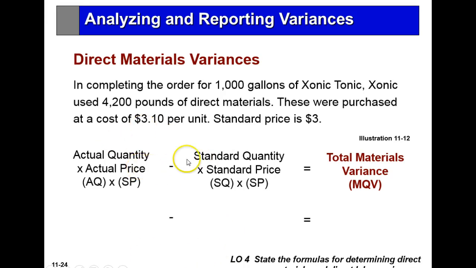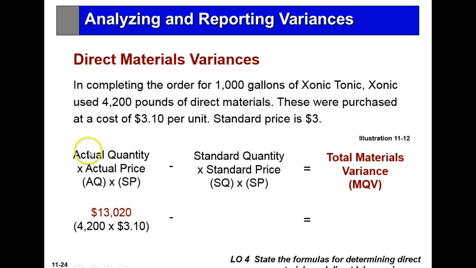So our direct material variance is going to be the actual quantity times the actual price minus the standard quantity times the standard price.